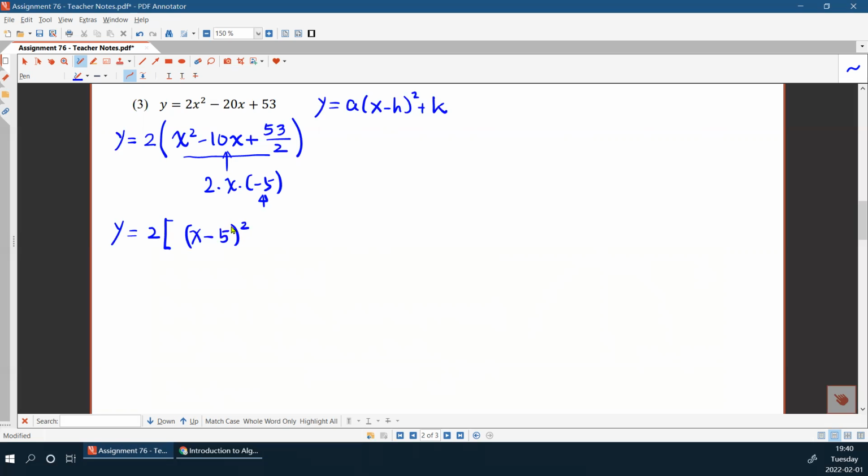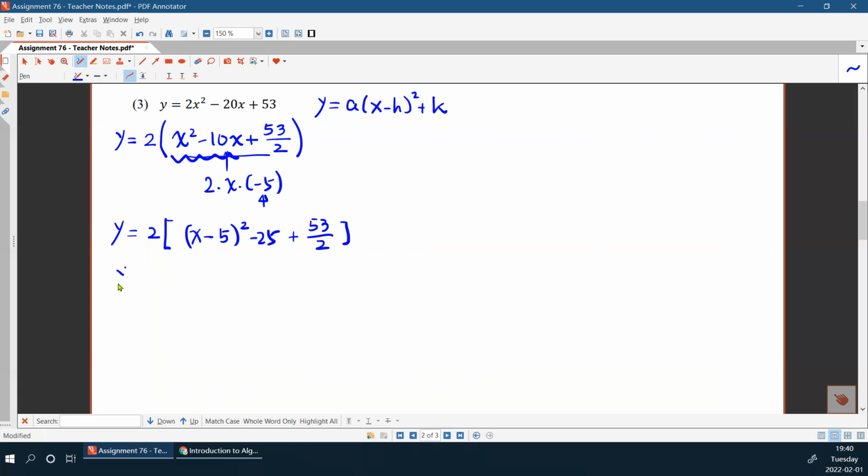If we expand it, we get x squared minus 10x plus 25, right? The first two terms are exactly like the first two terms here, but there is no 25, so we need to subtract it and then copy the rest of the expression.